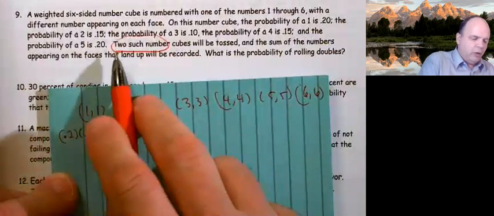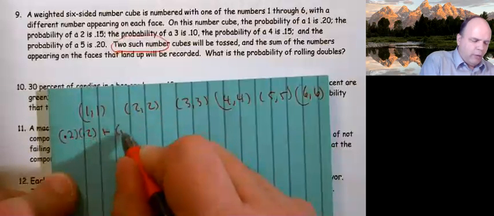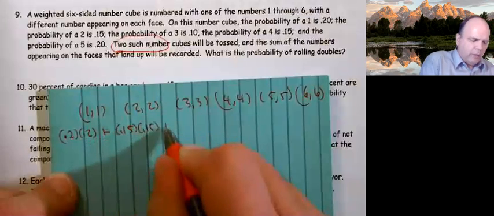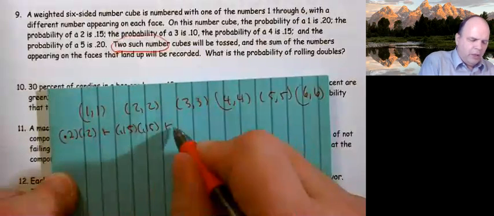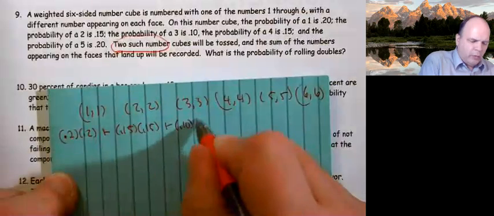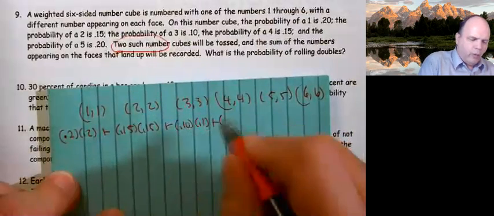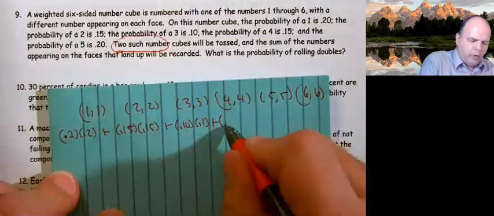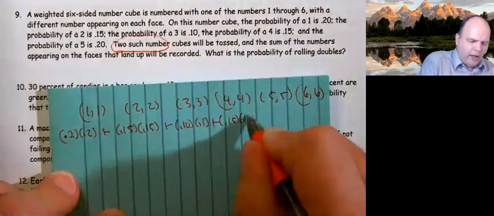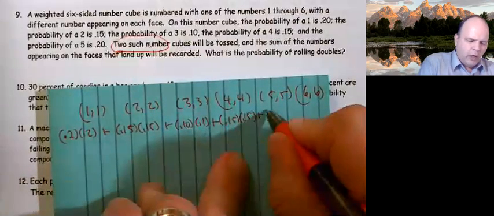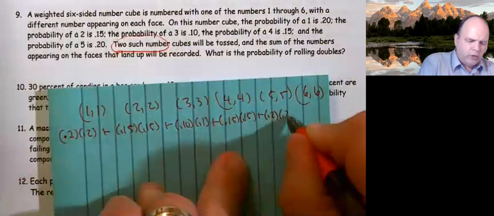Probability of a 2 and a 2 is going to be 0.15 times 0.15. The probability of a 3 and a 3 is going to be 0.1 times 0.1. Probability of a 4 and a 4 is 0.15 times 0.15. The probability of a 5 and a 5 is 0.2 times 0.2.